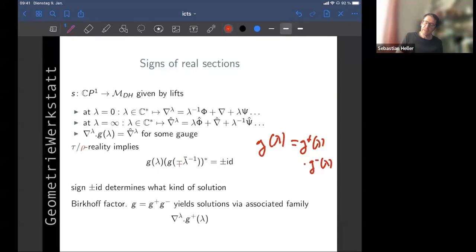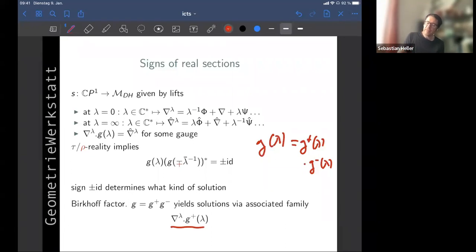If you have this Birkhoff factorization, then you can prove that nabla lambda times G plus of lambda is actually an associated family of a harmonic map. And if you look carefully at that, you directly obtain a solution of the corresponding geometric PDE.